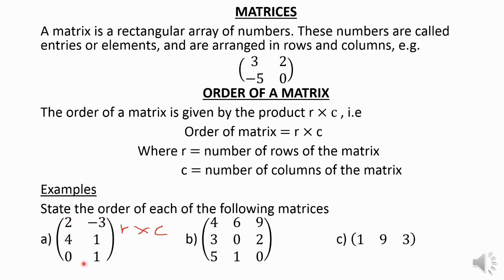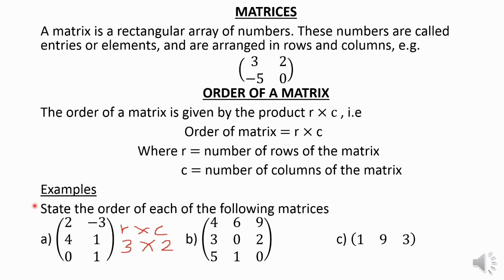So it has 3 rows and 2 columns. Hence the order will be given by 3 by 2, meaning the number of rows by the number of columns.